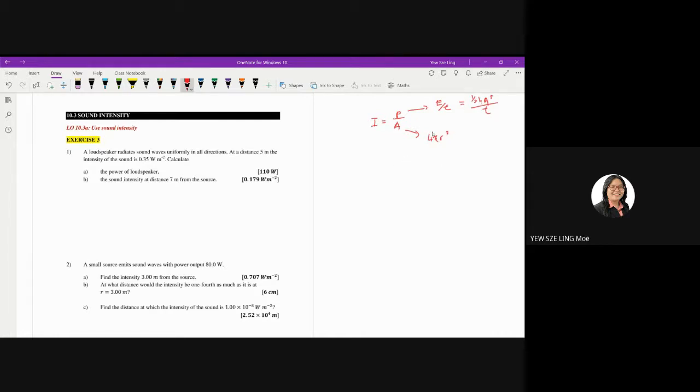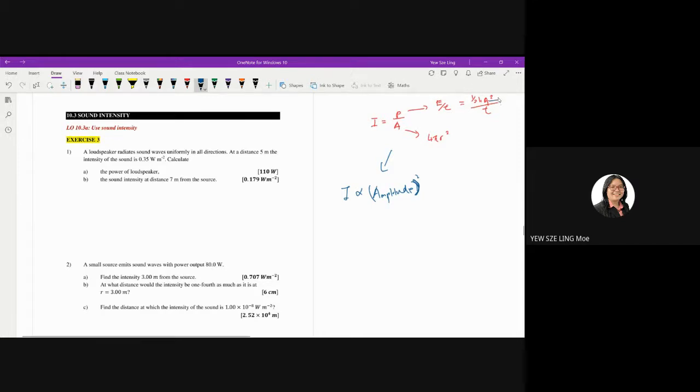Based on this relationship, we conclude that I is proportional to A squared, which is amplitude squared. This is from the energy equation, where E is equal to half Ka squared.